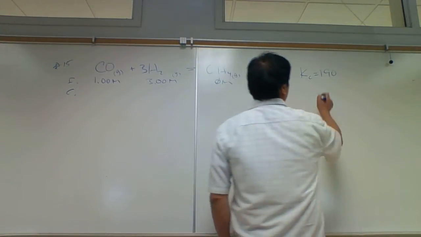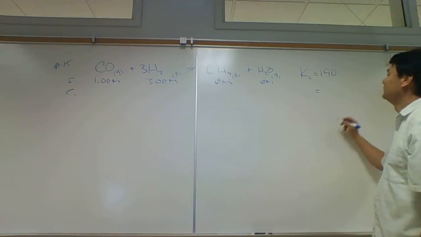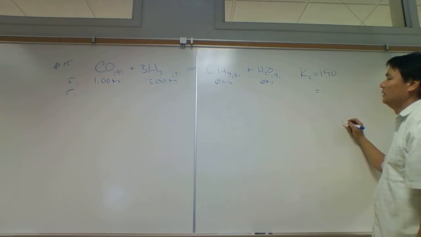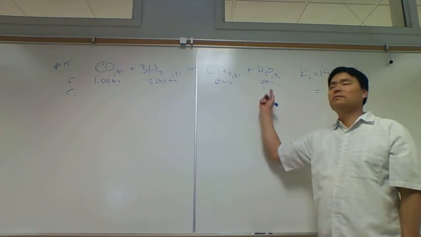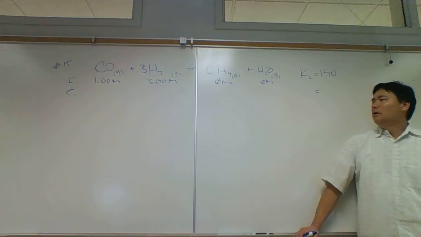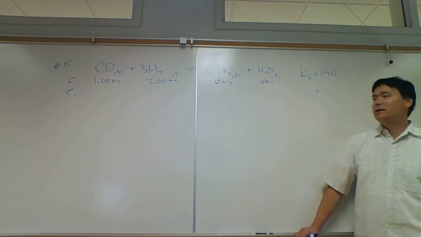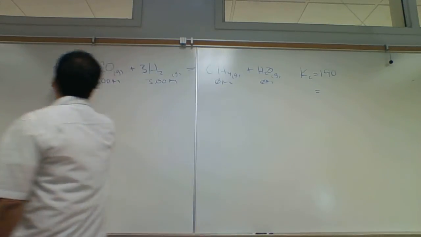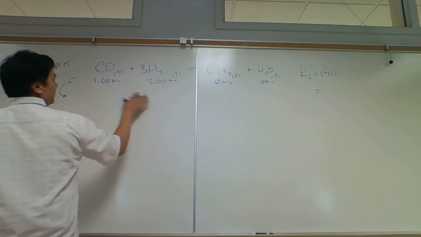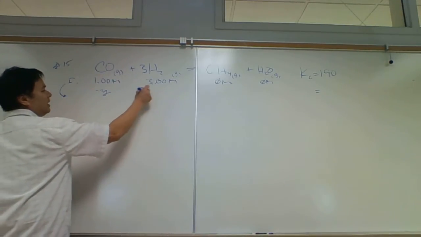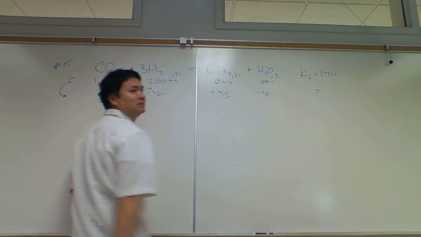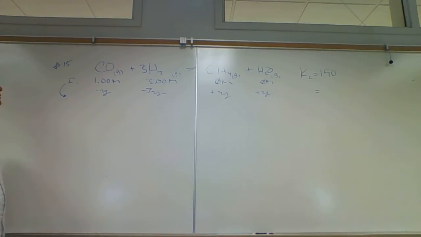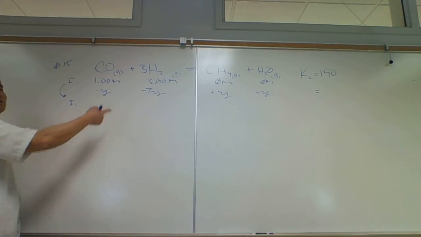And so here, what do we do for this particular one? We find Q. We don't need to find Q because we know it's got to go in the direction of the zeros, so it's not necessary. We might as well reset it. So it turns out that this is going to be minus y, minus 3y, plus y, plus y. And so initial here would be, well, this is stoichiometric, right?